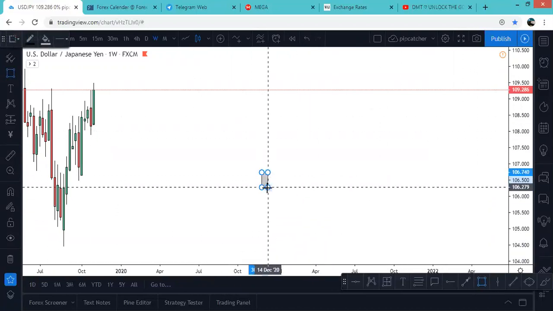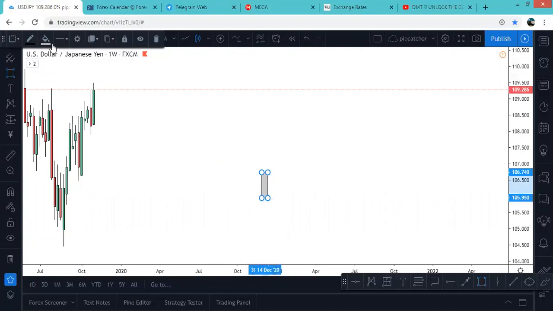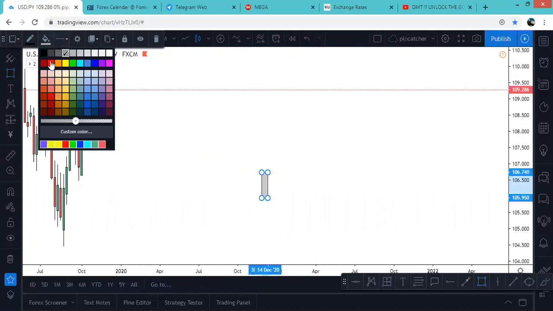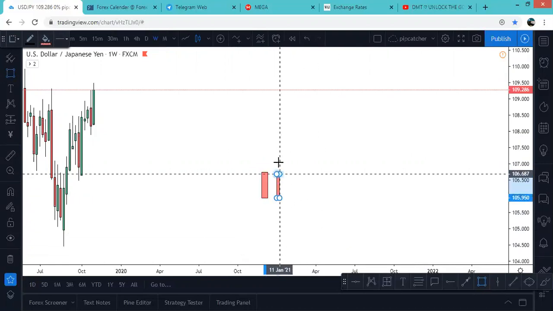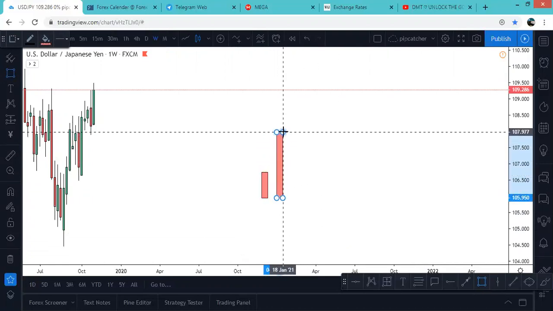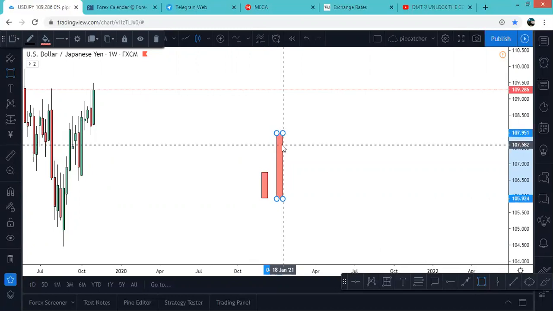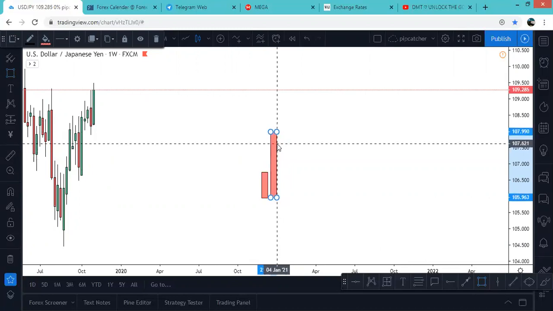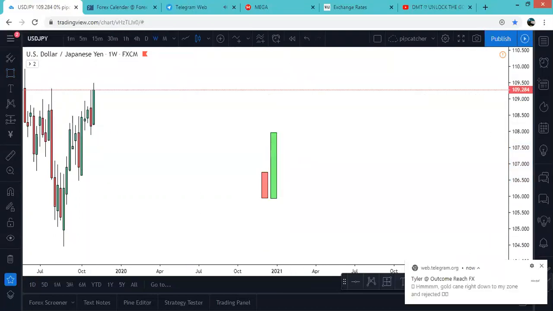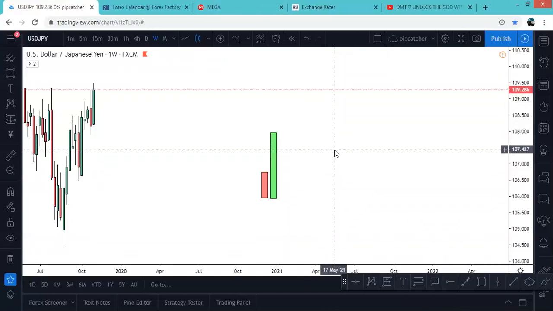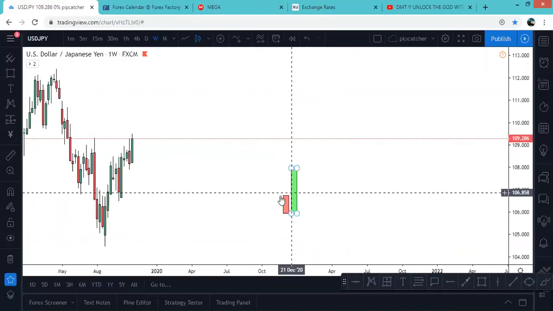So let's say we have this last down candle right here. And then we have this up move, like this, and we'll make that green, right? So let's just say we see this.